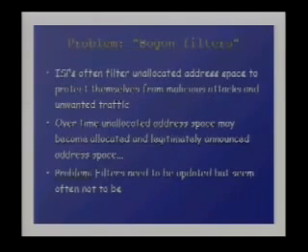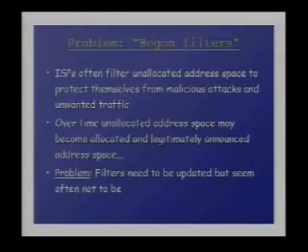Over time, this unallocated address space may become allocated, given down from the IANA to the registries, used, announced, etc. And then we see all the wailing on the NANOG list and the other operators' lists saying, I've just been assigned 96, 38, 266, 42, and I can't get to X. So the problem is the filters need to be updated, but they seem often not to be.